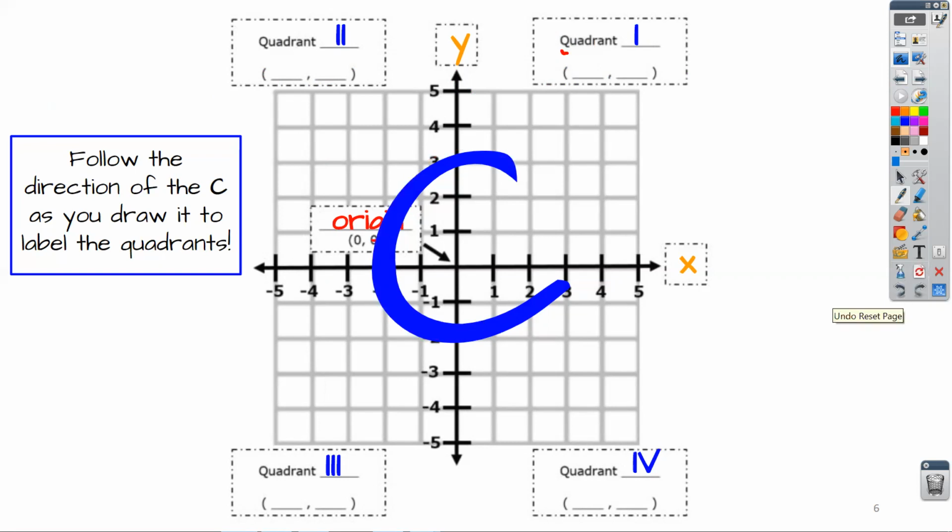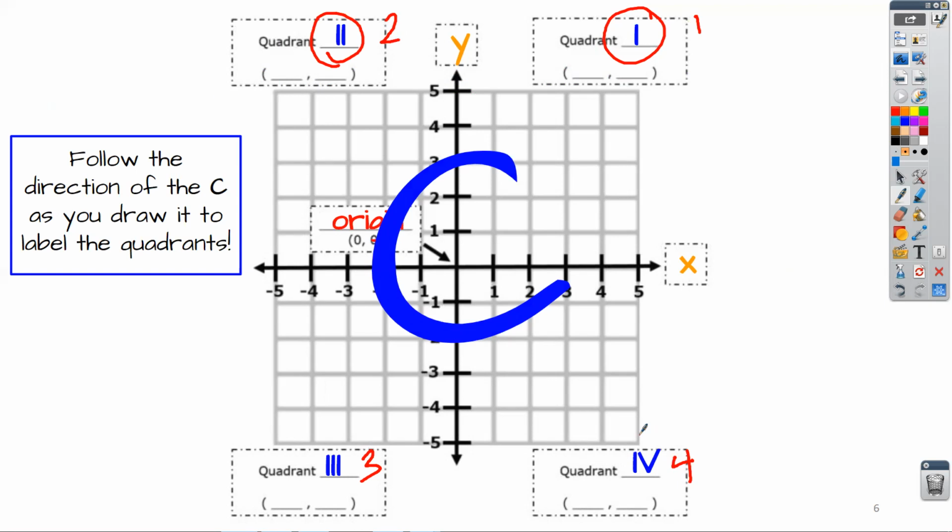So quadrant, Q-U-A, means 4. Now, this coordinate plane is broken up into 4 quadrants. 1, and we write it using Roman numerals. 2, now if you want to write 1, 2, and then 3, 4, you may do that as well. But typically you see it written as Roman numerals.